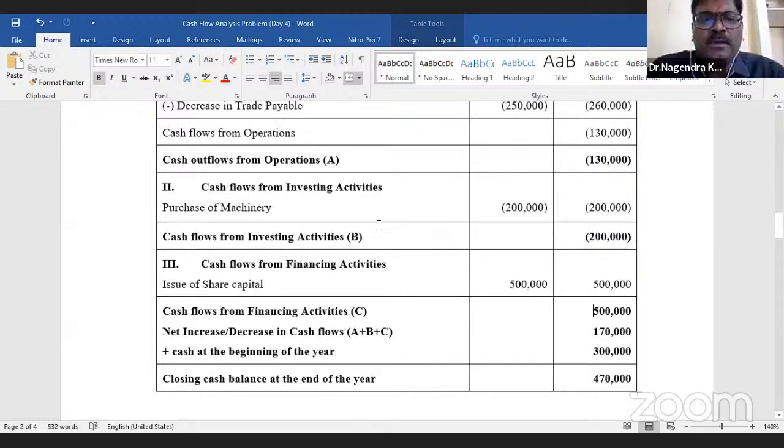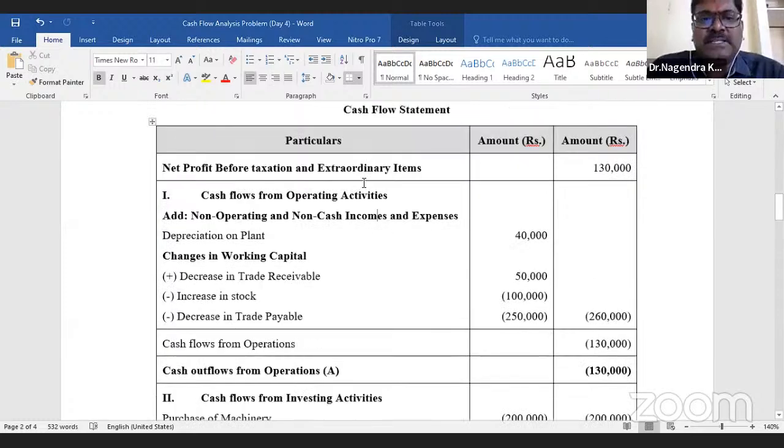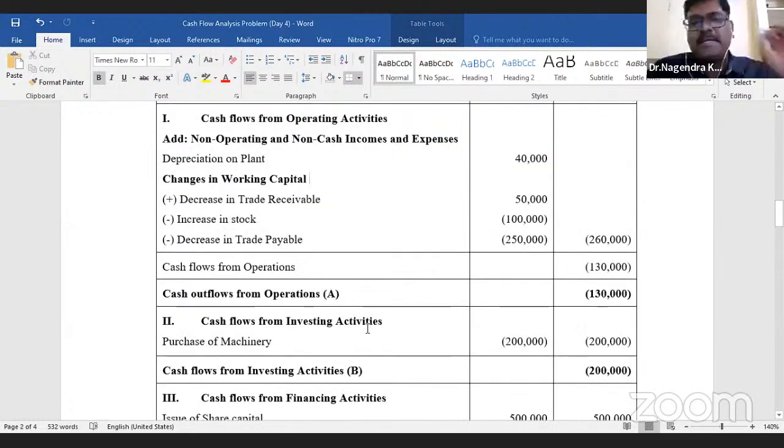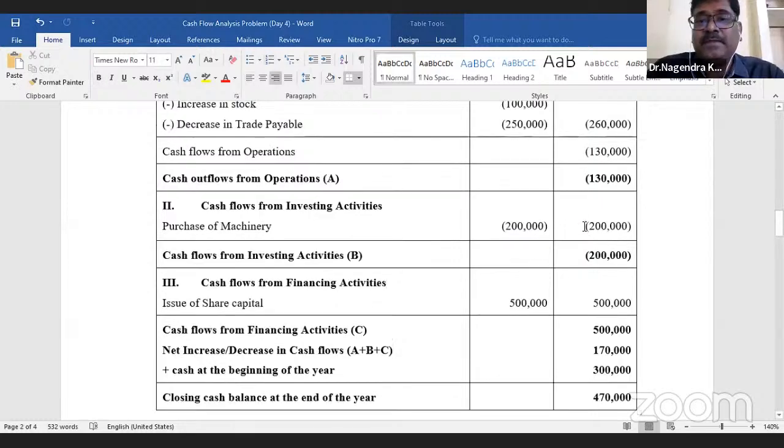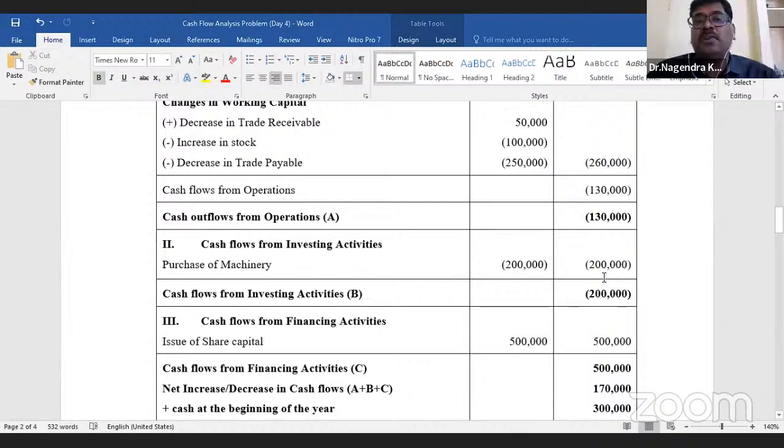So now there was a cash outflow from operating activities, a cash outflow from the investing activities, and a cash inflow from the financing activities. When we add these together, we can see that from financing activities we received 5 lakhs rupees, but we have to adjust it against the purchase of machinery, and then compensate for the loss that was generated from the operations.